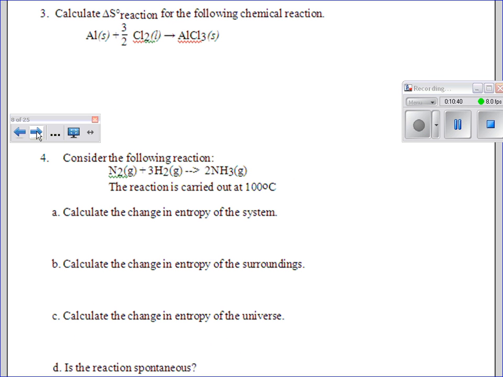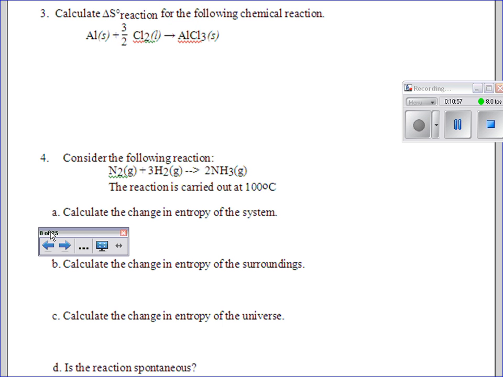All right. So now we're going to calculate delta S for the following chemical reaction. What are we going to do? We did delta H for that one. We need delta S. What are we going to do? Big mama, but now we're going to use the delta S values in that table.